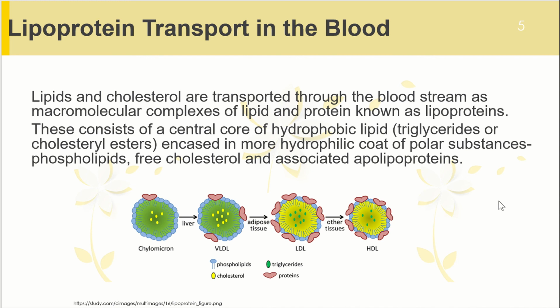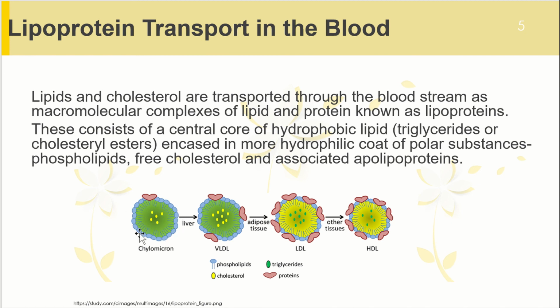These consist of a central core of hydrophobic lipids or triglycerides, and we'll see how that looks in a little bit, or cholesterol esters. They're encased in a more hydrophilic coat of polar substances known as phospholipids, free cholesterol, and associated apolipoproteins. Now, apolipoproteins are proteins that bind lipids to form lipoproteins, right?